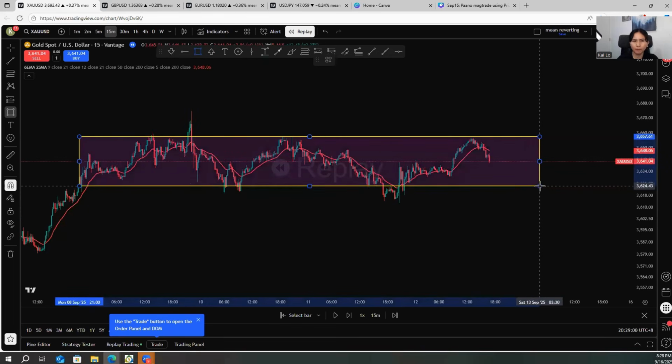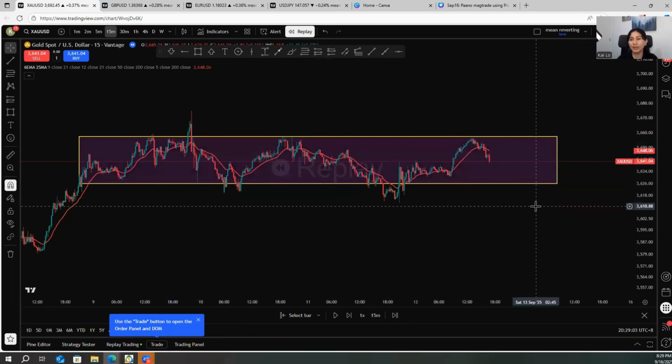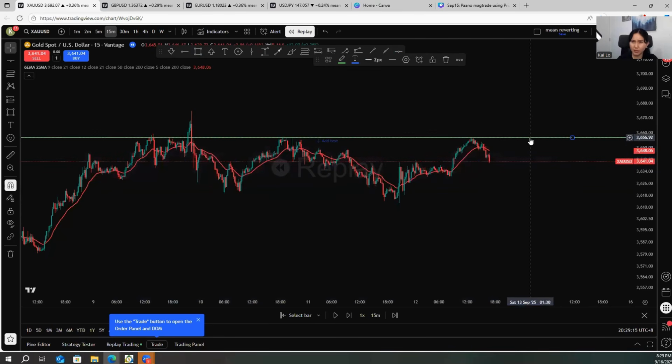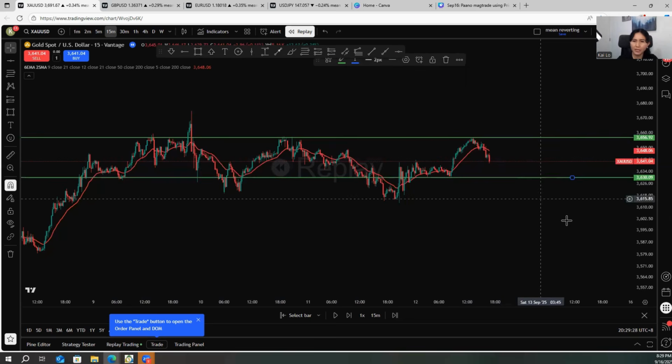If we are sideways, then we have two options. We can both buy or sell. We could wait for it here at the resistance or the supply zone, or we can also wait for it down here at the support area, and then we can buy here.